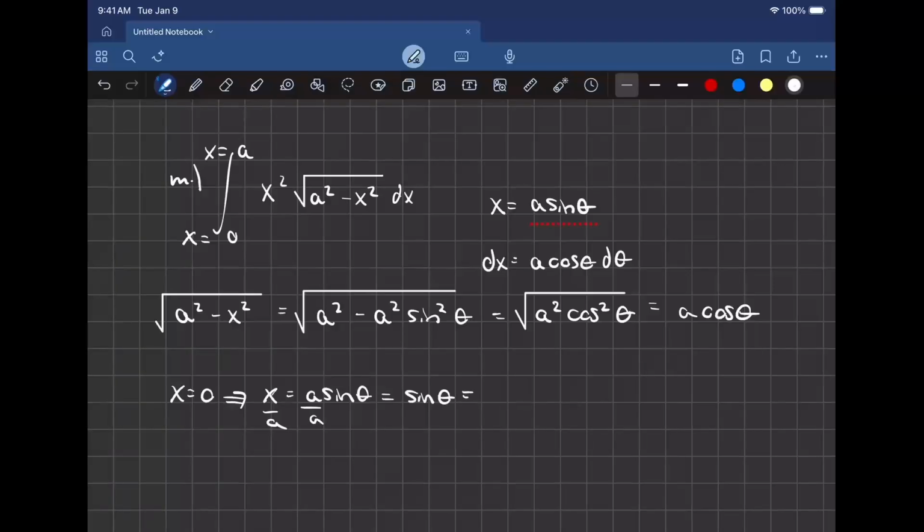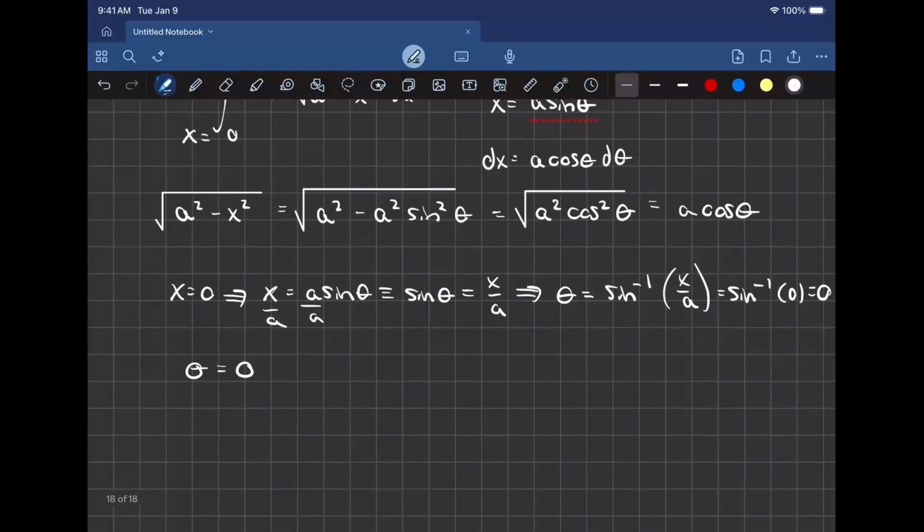Sine theta equals x over a. So theta is sine inverse of x over a. When x equals 0, this is just sine inverse of 0, which is just 0. So our lower bound is theta equals 0.